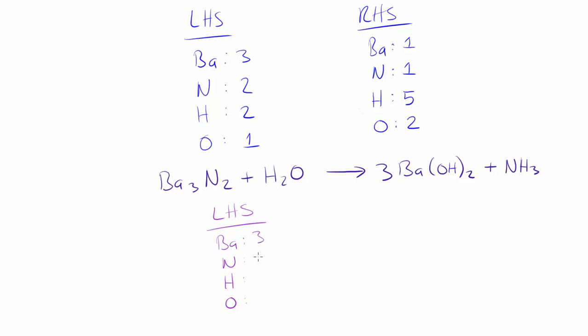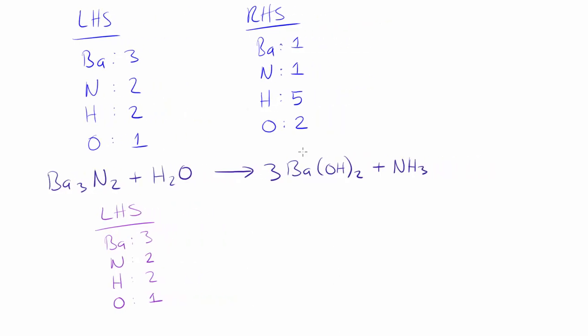So it's just going to be 3, 2, 2, 1. And on the right hand side, this is where we actually did change something. So we do want to pay very close attention. I'm going to write this part out.